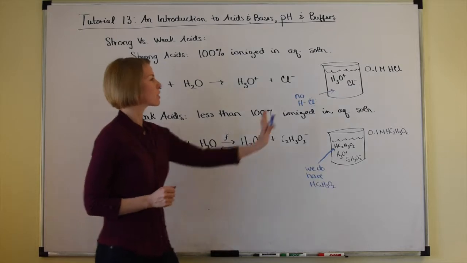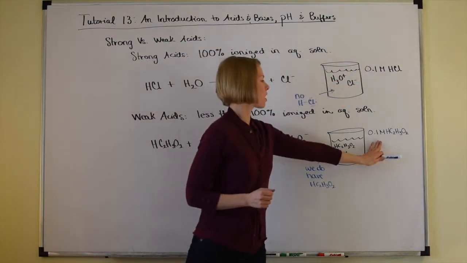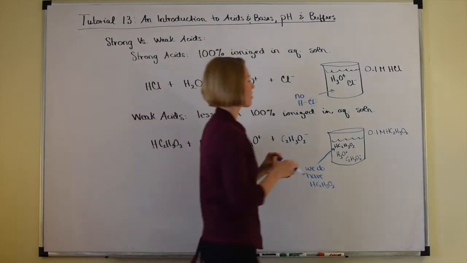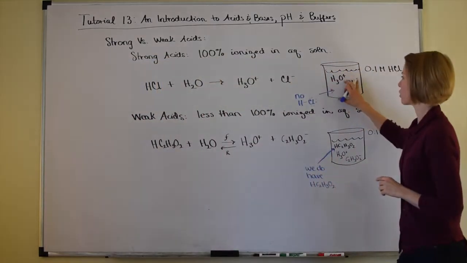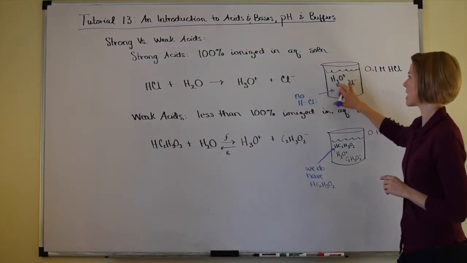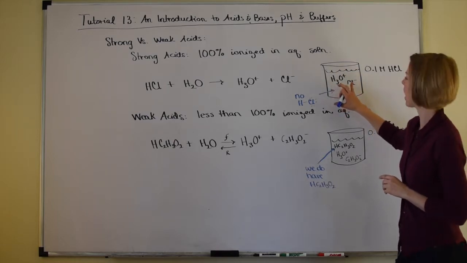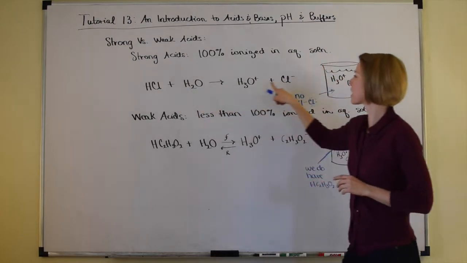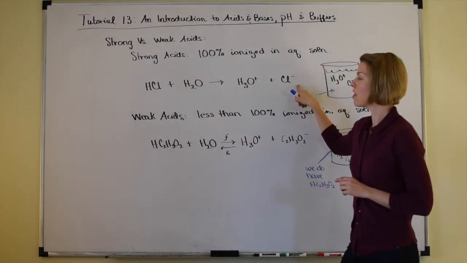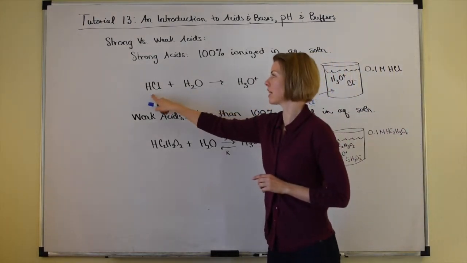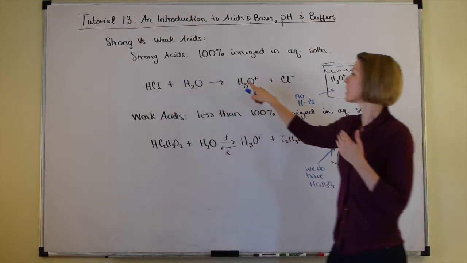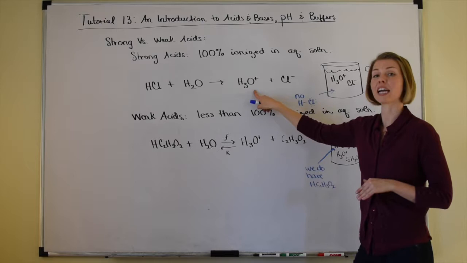Okay, so I did write these concentrations for a reason. Let's take a look at the concentration of the hydronium ion in the strong acid, the hydrochloric acid solution. Since we get 100% ionization here, the 0.1 moles of HCl that you would find in 1 liter of that solution will be completely converted into hydronium.